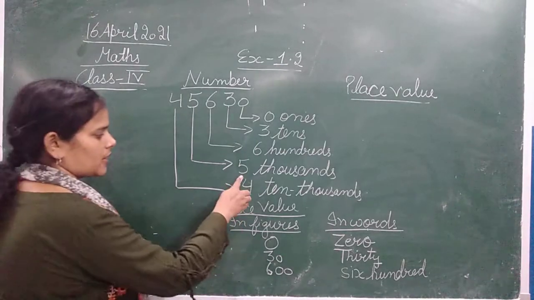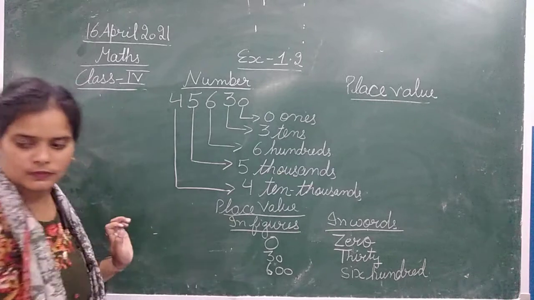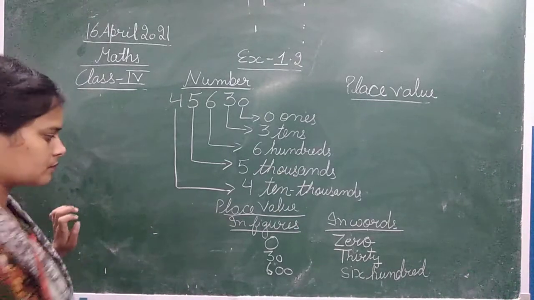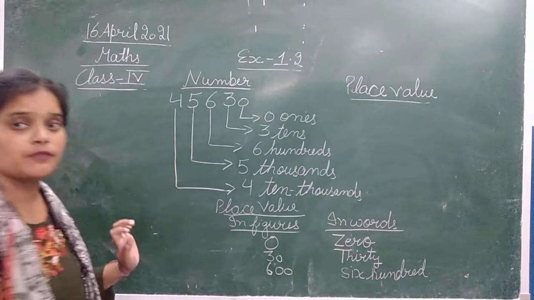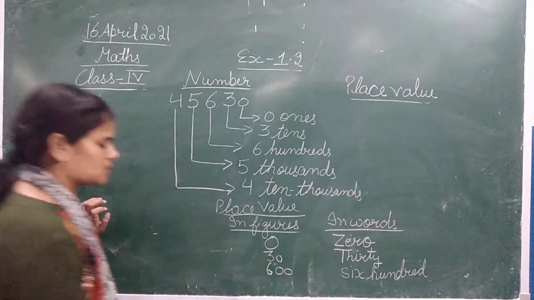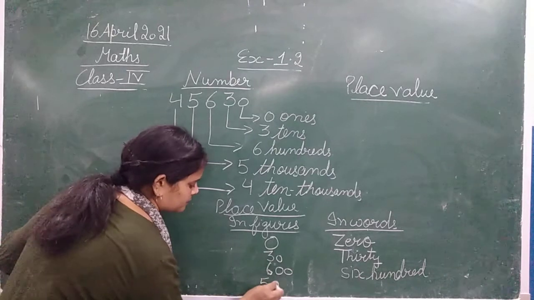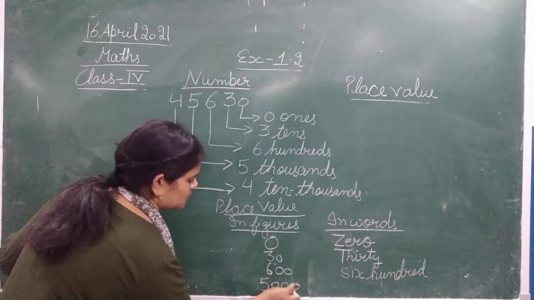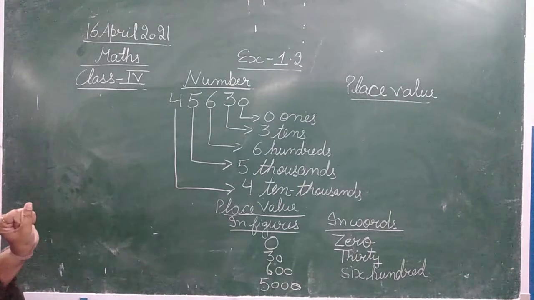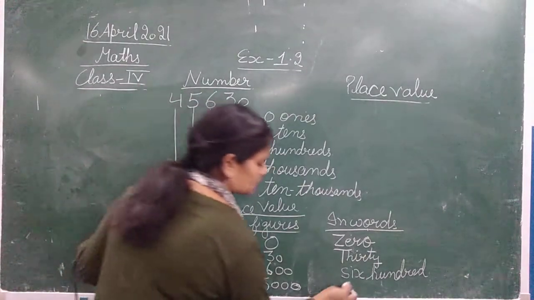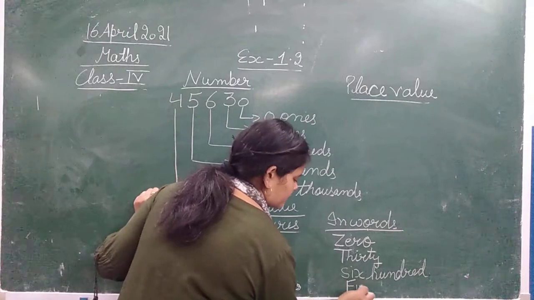Next is 5,000. Okay, this is the place value of 5, that is 5,000.